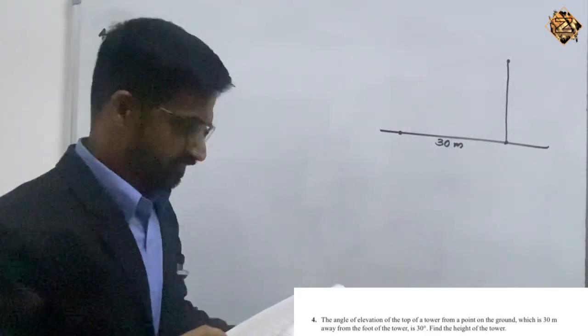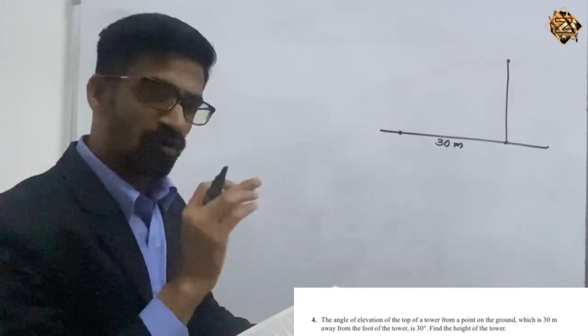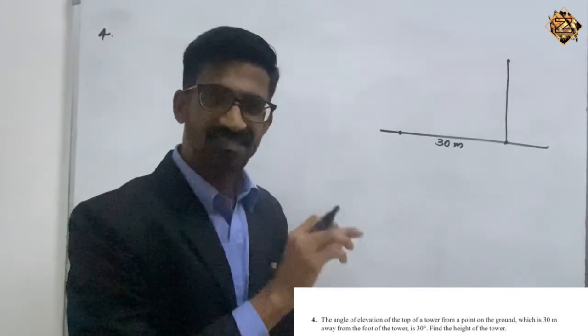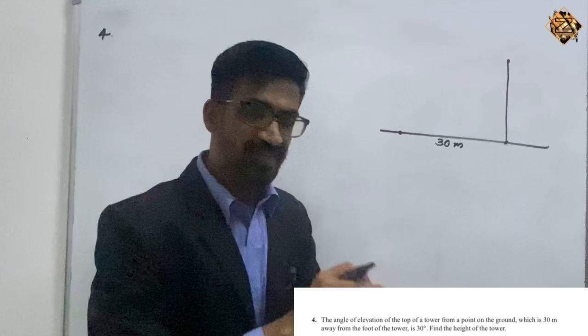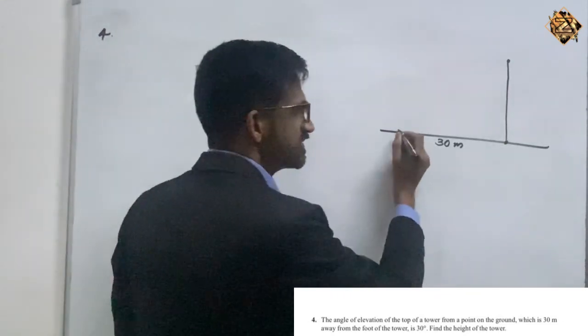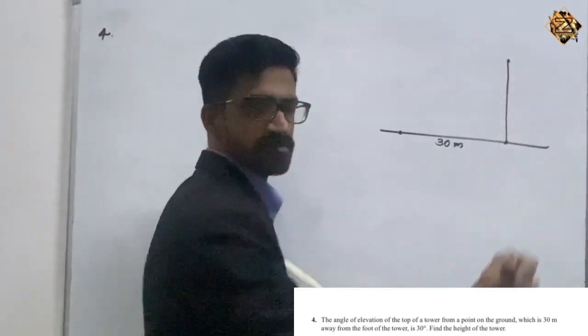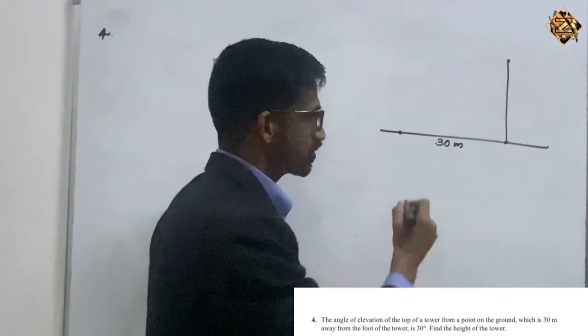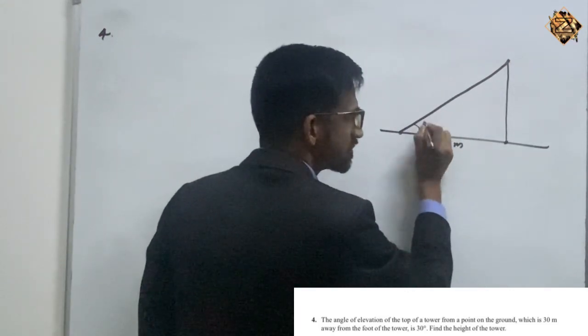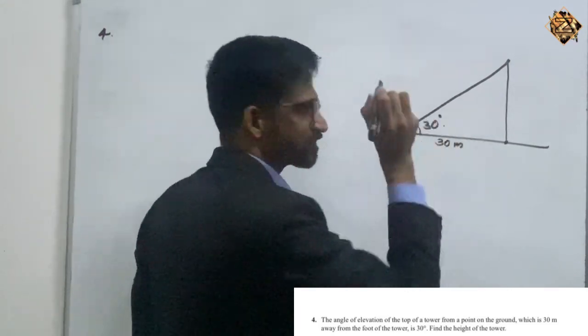The angle of elevation of the top of the tower from a point which is 30 meters away from the foot of the tower is 30 degree. What is that 30 degree? That is the angle of elevation of the top of the tower. So the angle of elevation of top of the tower is 30 degree.